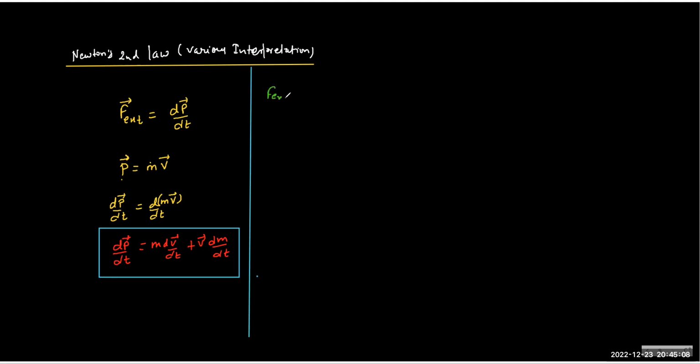So F external, when you write it like dp by dt, this is definitely Newton's second law. If you write d by dt of mv, this is definitely Newton's second law. But if you write m dv by dt, not the second term, this is incorrect, because you're writing the law for the general system.